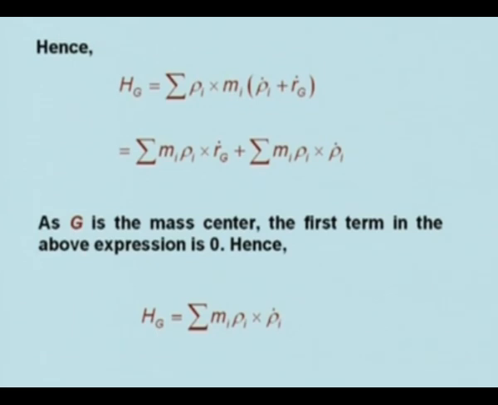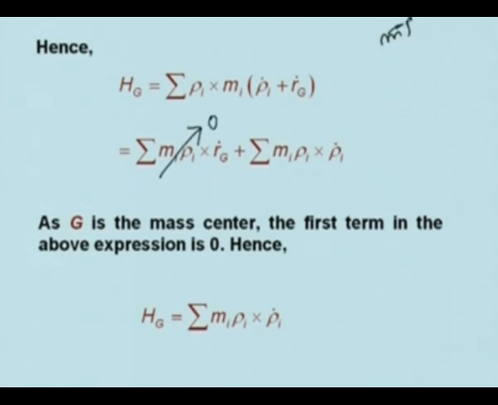As in this case G is the mass center, the first term in this expression is 0, because if you do the summation of mi rho i, that will be the total mass times the distance of the center of mass from that point, so it is 0. So this portion goes to 0.